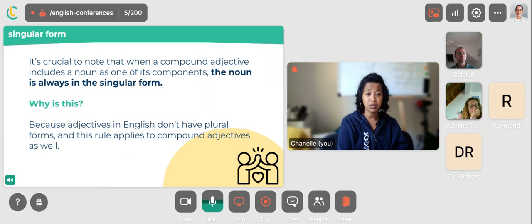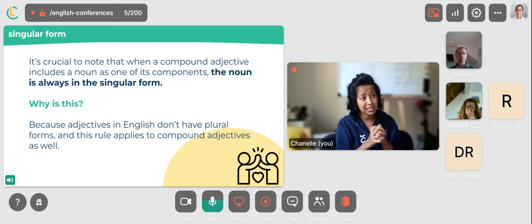It's crucial to note that when a compound adjective includes a noun as one of its components, the noun is always in the singular form. Ça veut dire que when we have a compound adjective qui a un nom, le nom doit rester au singulier. Pourquoi?